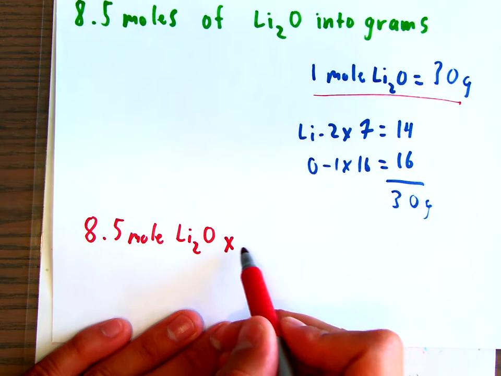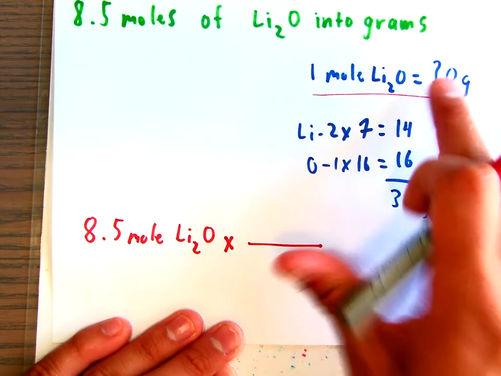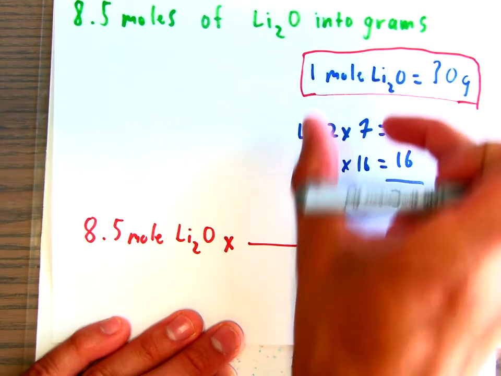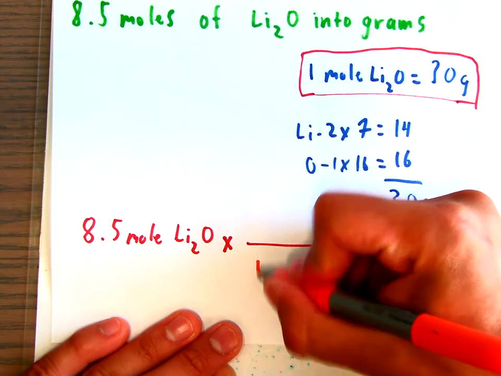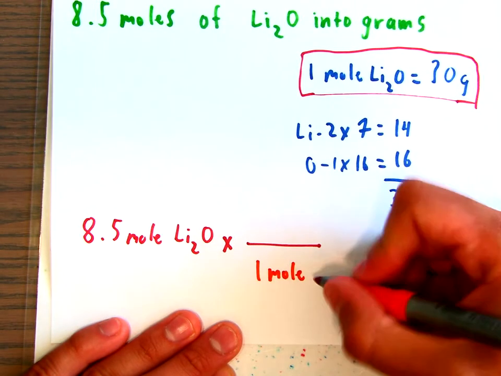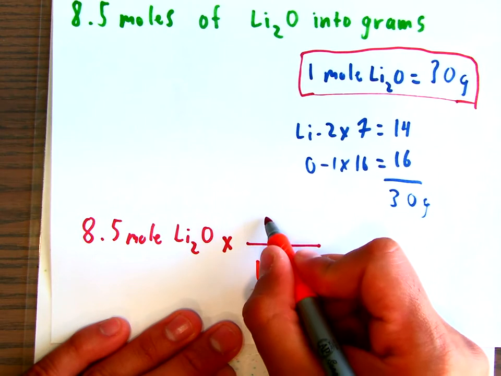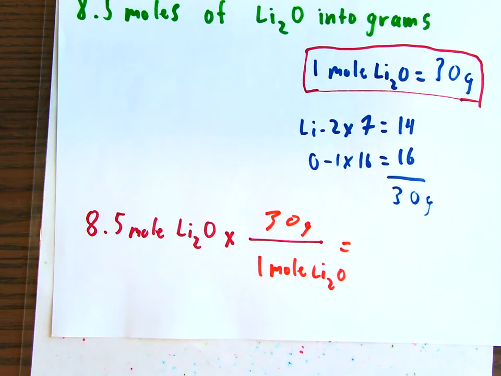Times my fraction. Again, I'm using this up here. This goes in the bottom because I have moles here, right? So I go 1 mole of Li2O. This goes on top, 30 grams.